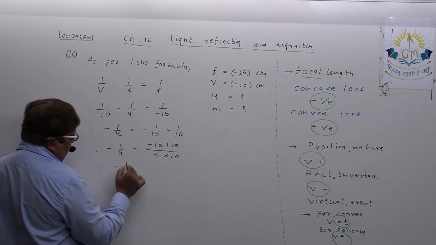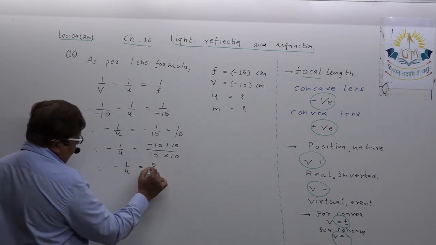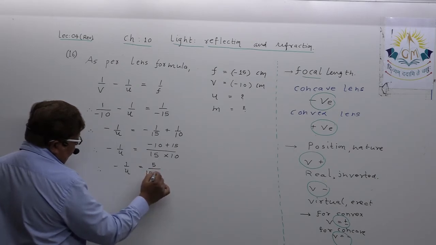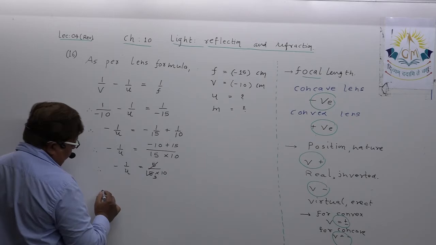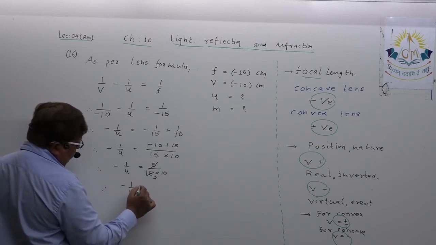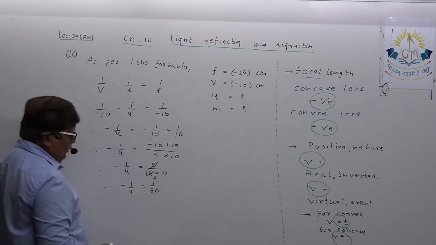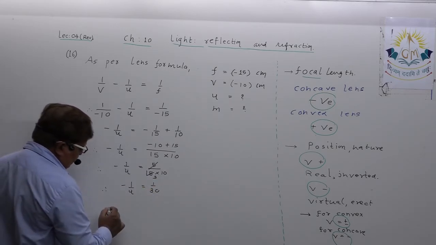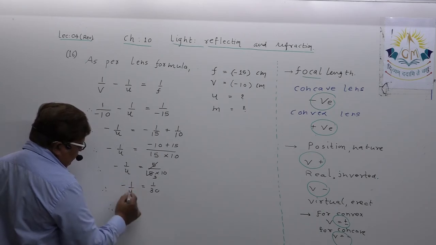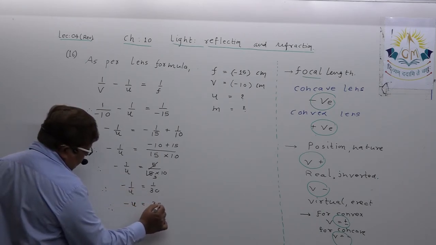So minus 1 upon U equal to 5 upon 15 into 10, just a simple cancellation. Minus 1 upon U equals to 1 upon 30. Just reciprocalize it. 30.